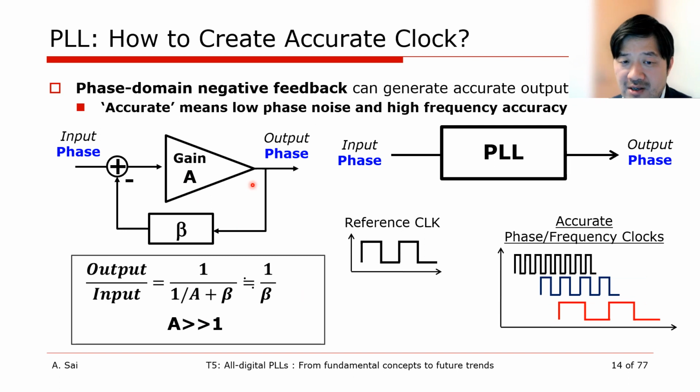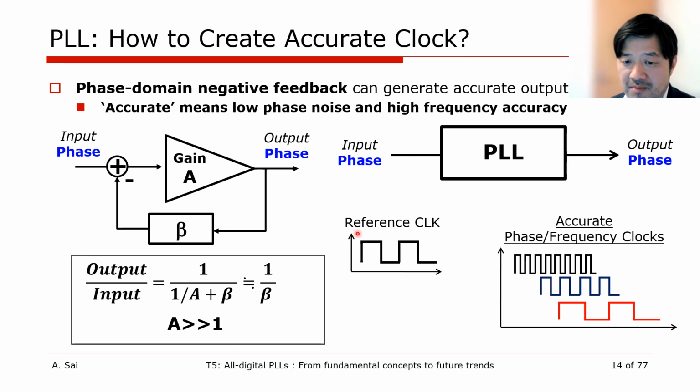So can we do the same in the phase domain? The answer is yes. That's a PLL. Phase domain feedback can be used to generate an accurate output clock determined by the feedback factor. Here, accurate means low phase noise and high frequency accuracy.